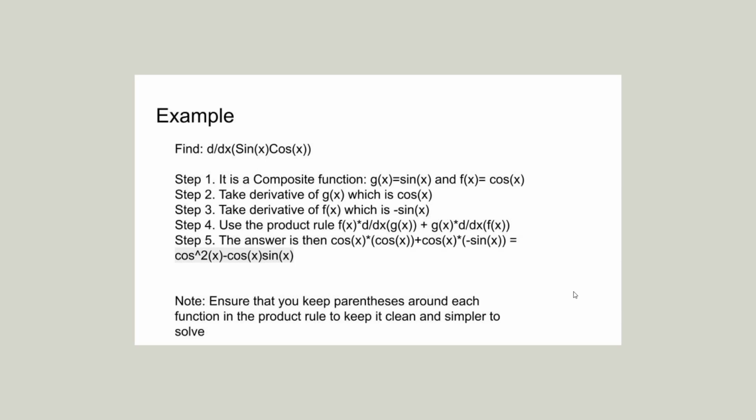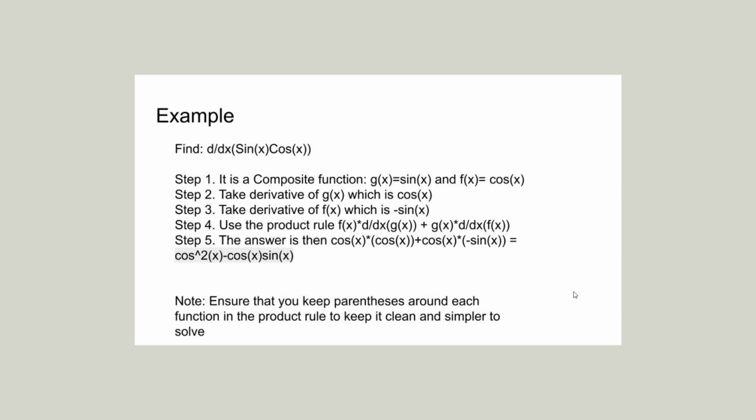Then, using the product rule that we saw on the previous slide, this is the original function f of x times the derivative of the function g of x, plus the original function g of x times the derivative of f of x.